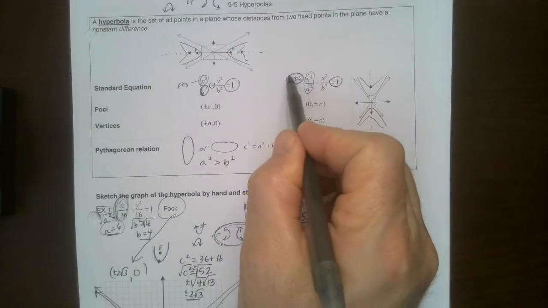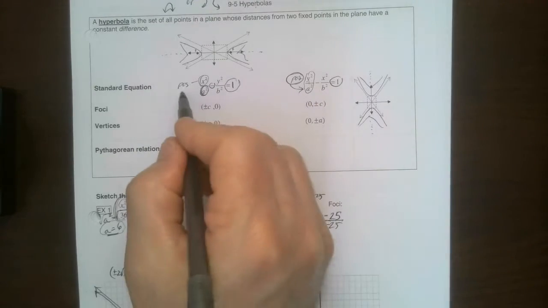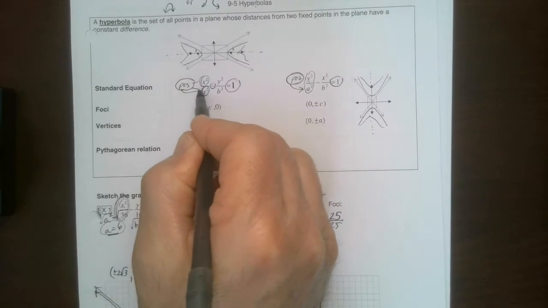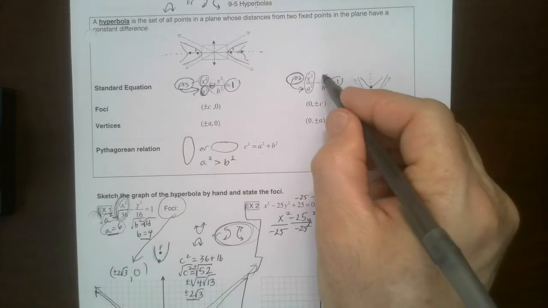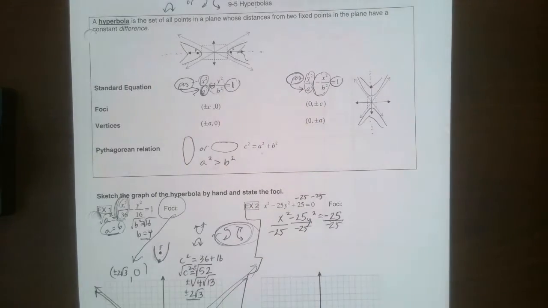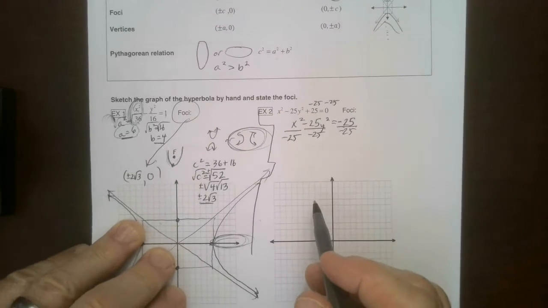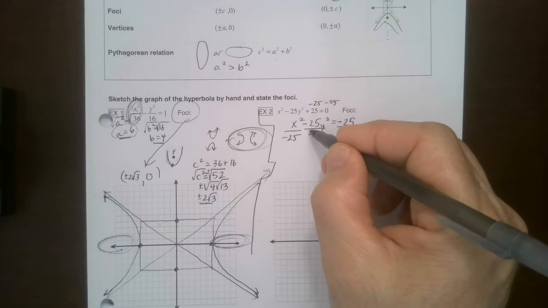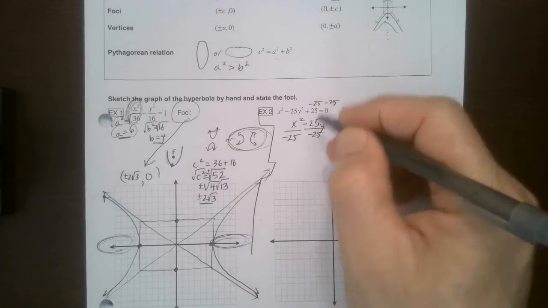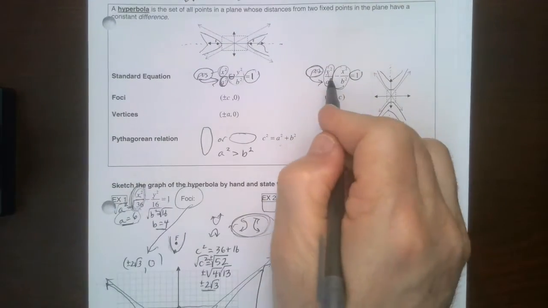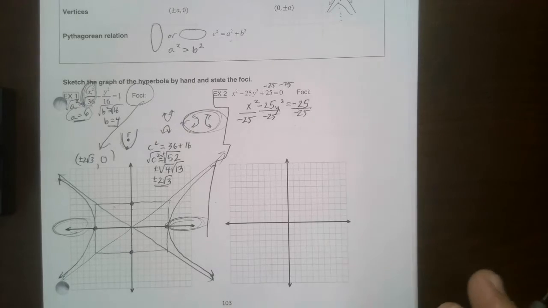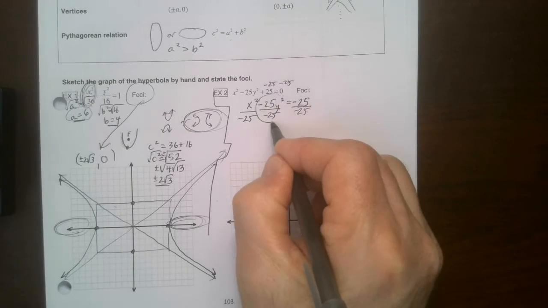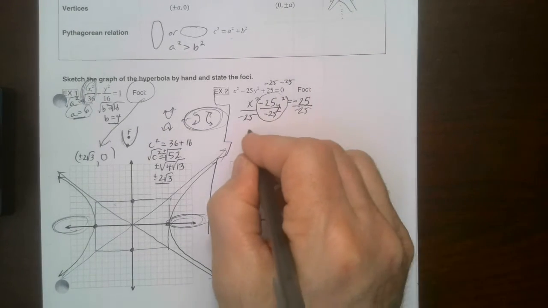I said positive stuff comes first, and then the negative stuff comes second. Because we're going to have to do a little switcheroo. What's a negative divided by a negative? Positive. Where's the positive stuff go? First. So keep that in mind. A little math trickeration right there. So I'm going to take this, simplify it, and I know it's going to be y squared.